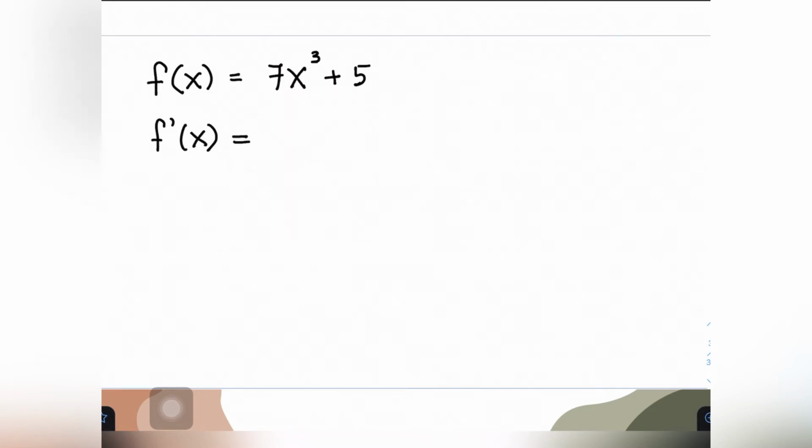You need to remember it involves two steps. The first step is you multiply the power with the coefficient in front. So you multiply 3 with 7, you will have 21x. The power minus 1, so you have 2.